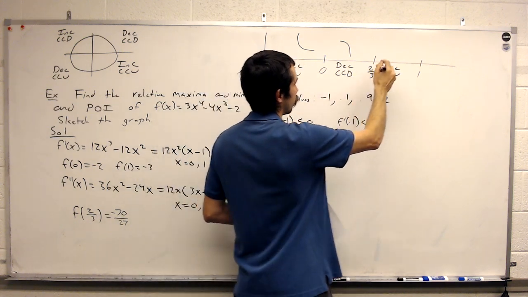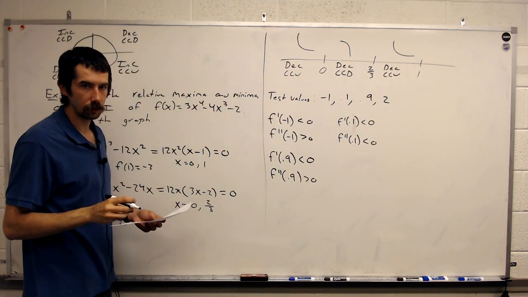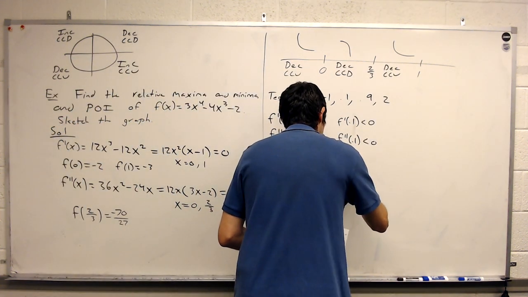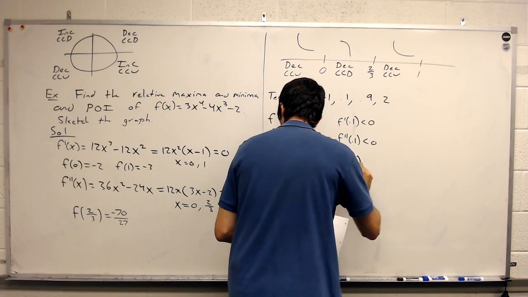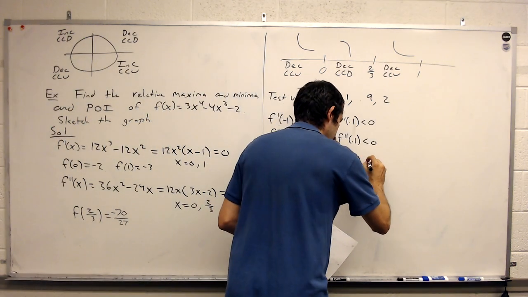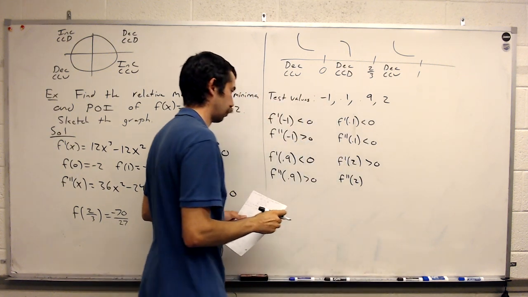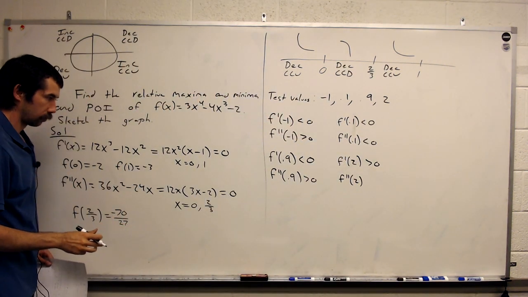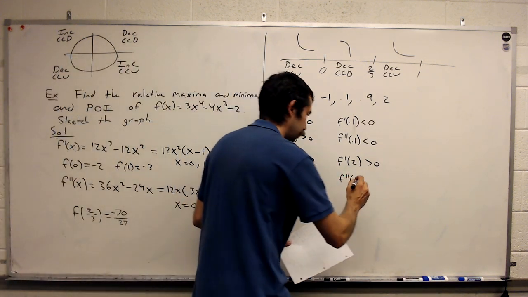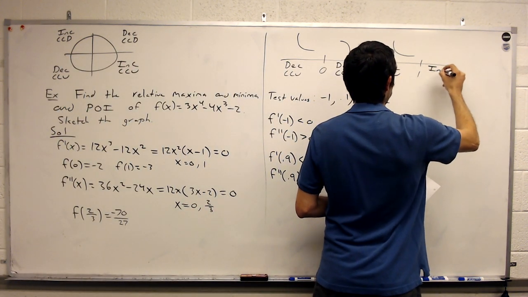That's this shape here. And then finally, with 2, F prime of 2 is a positive times a positive. That's a positive. And F double prime of 2 is a positive times a positive. That's a positive. We are increasing and concave up.